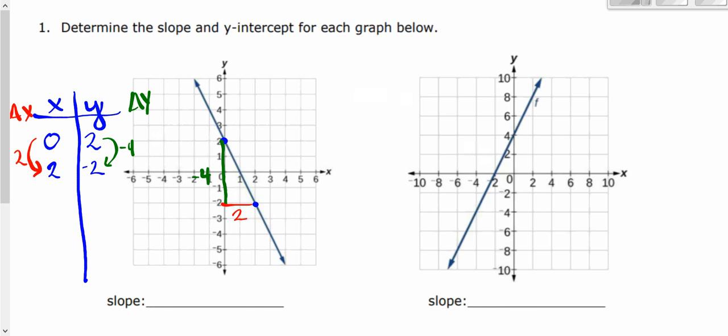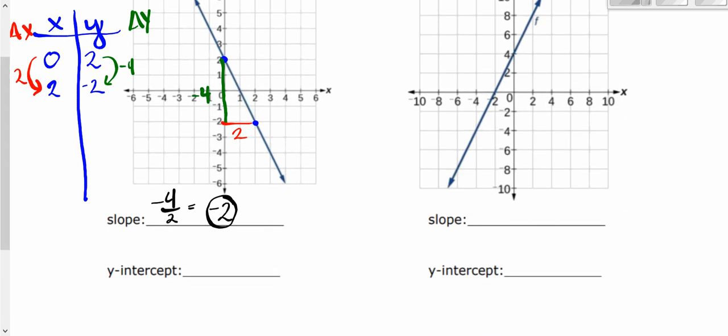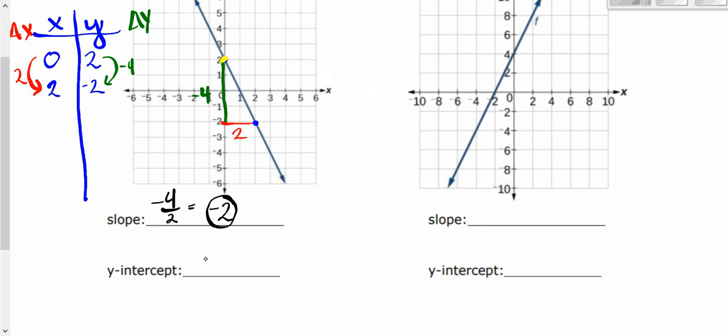So to write that as a slope, I'll write it as negative 4 over 2, which equals negative 2. My y-intercept is where the line is crossing my y-axis. So that will be 2.